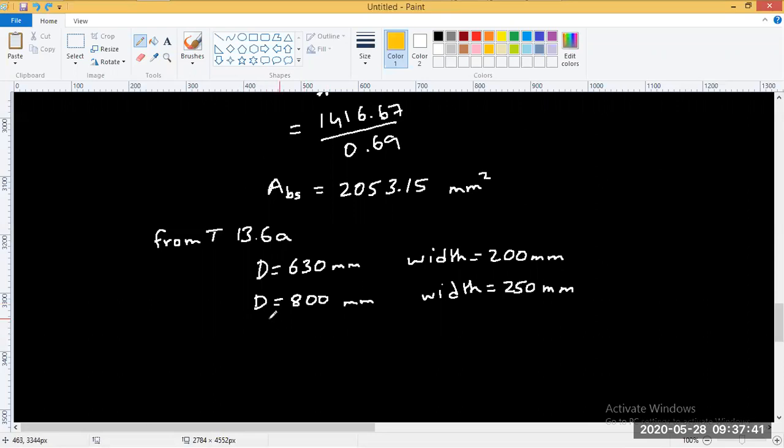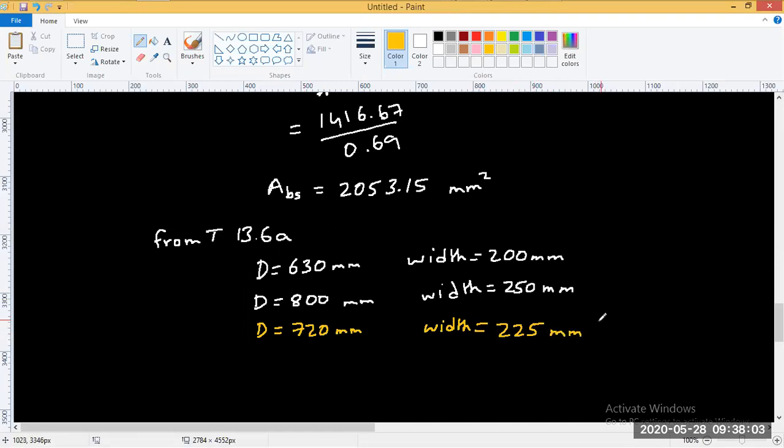Now we have D in our question here, that is diameter 720 mm. So for this, what is the width? So 630 and 800. If you interpolate, I think you'll get somewhere between 225, 227, something like that. So we'll keep 225 mm.